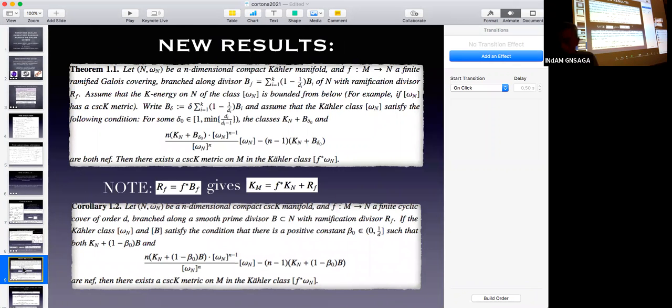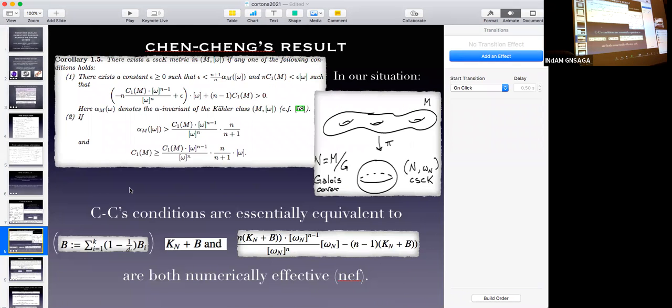The second condition is that this linear combination of K_N and B is NEF. Without any cone stuff? No, this has nothing to do with conical. So the question is, maybe I can repeat the question: let's suppose that B is trivial.